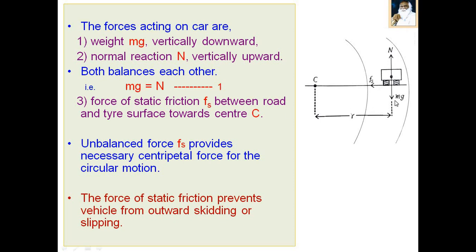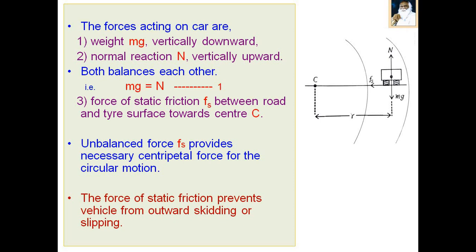N and mg both balance each other. That is, weight mg and normal reaction N are equal and opposite. Therefore, we can say mg equals N. But the unbalanced force Fs provides the necessary centripetal force for the circular motion.